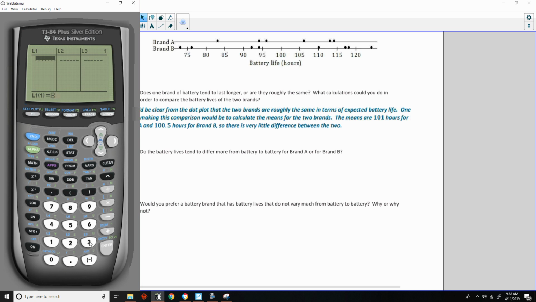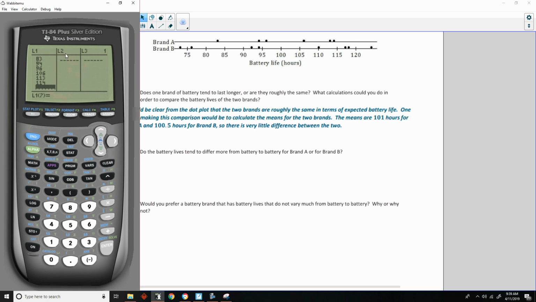So 83, Enter. 94, enter. 96, enter. This one is 106, 113, and 114. And that is it. There are 6 items.